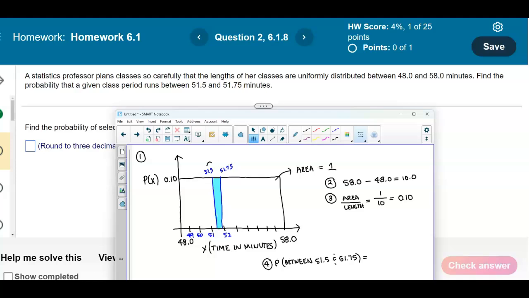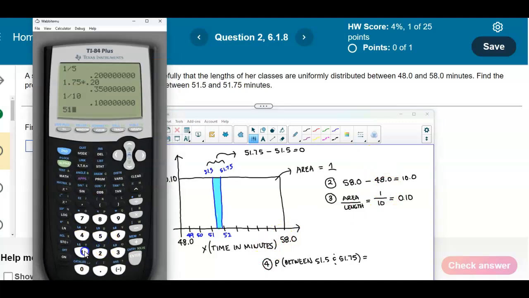If we want to find the length of the shaded region, that means we would take 51.75 and then subtract 51.5. Okay, well, what does that give us? If we take 51.75 and subtract 51.5, we get 0.25.